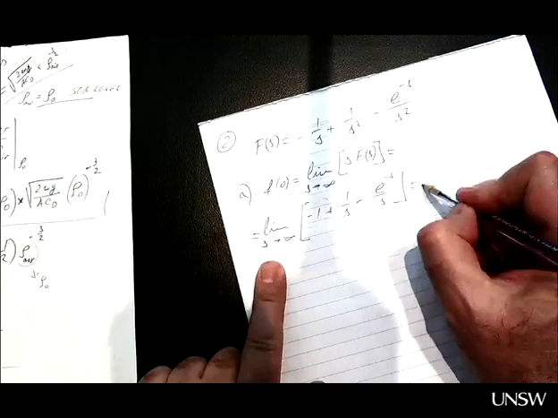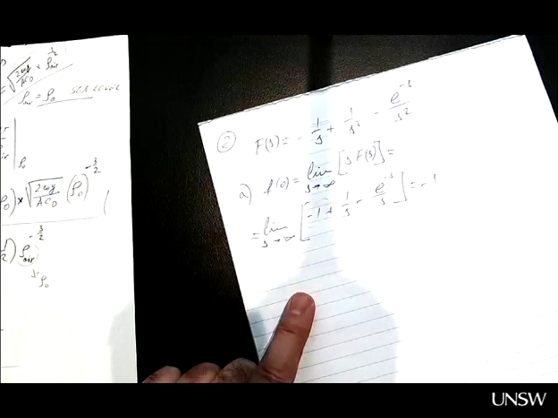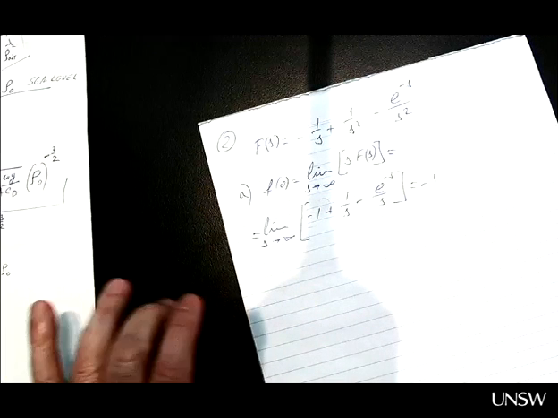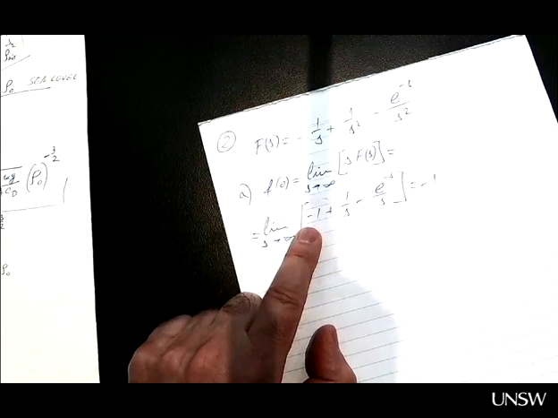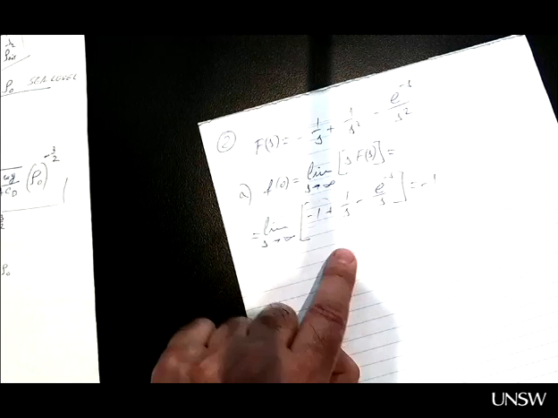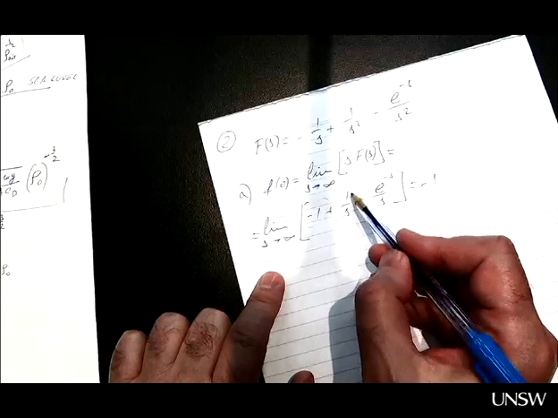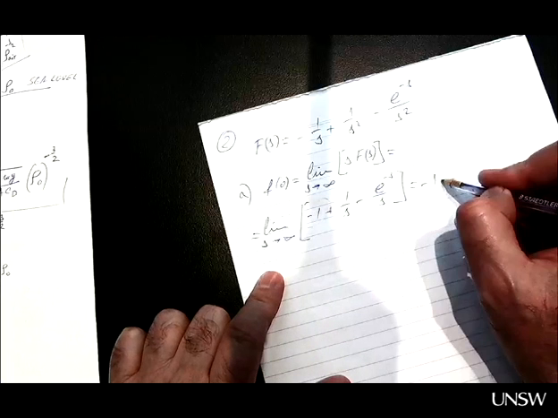Minus 1 will remain minus 1, because when s approaches infinity, minus 1 is not affected. When s approaches infinity, 1 over infinity is 0, so I have plus 0.